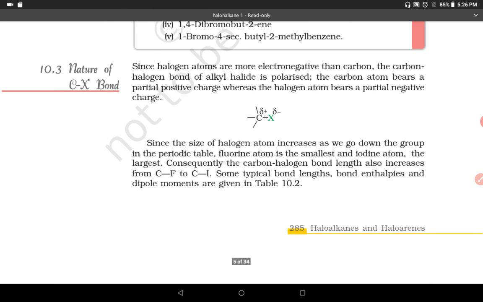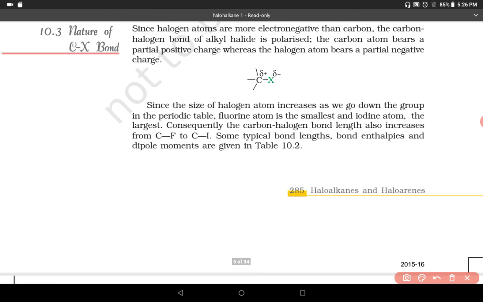As we go down, fluorine, chlorine, bromine, iodine, the atomic size increases and the bond length also increases.